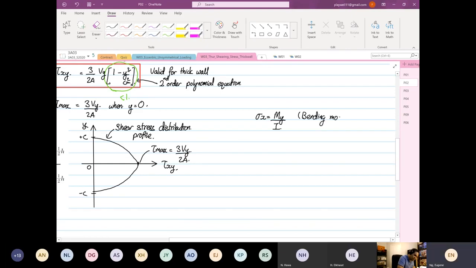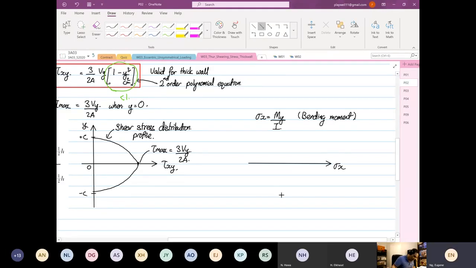Moment. This is induced by bending moment. So I'm going to draw. We are going to assume that the structure is under a vertical force. It will induce a shear force and a what? A bending moment, right? So over here, you have normal stress in the X direction.